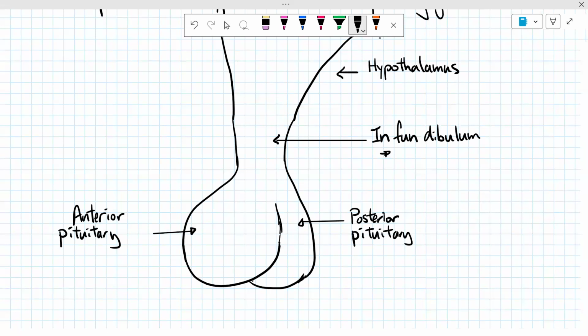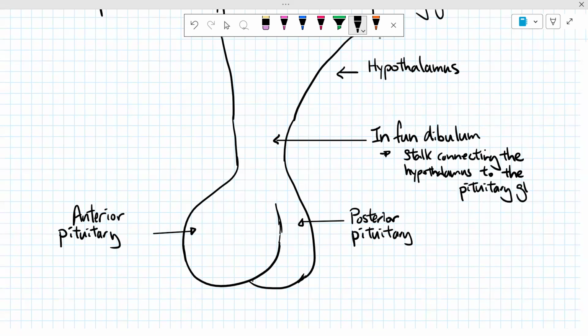Okay, it's a stalk connecting the hypothalamus to the pituitary. Okay, any questions so far?